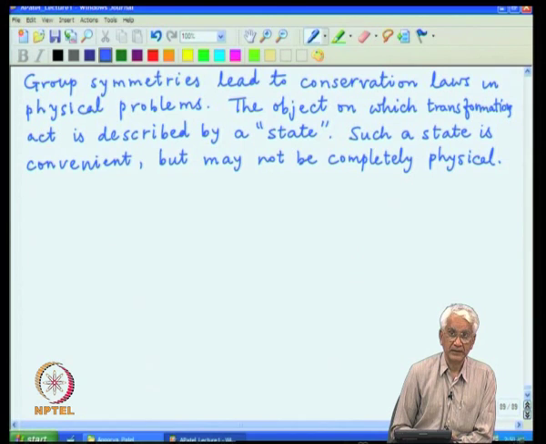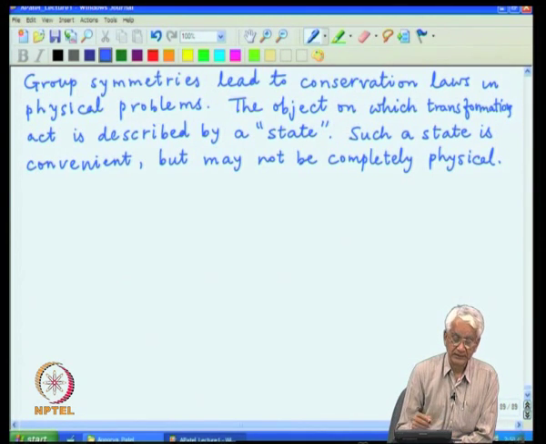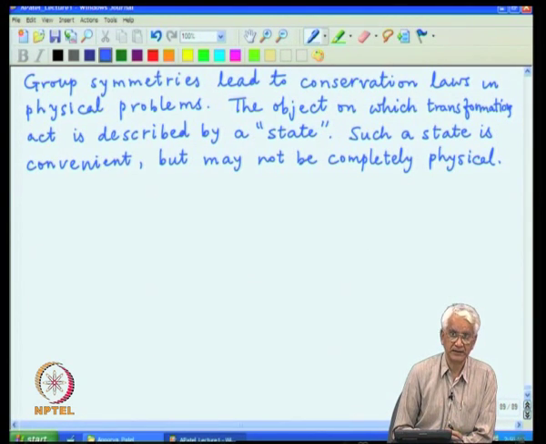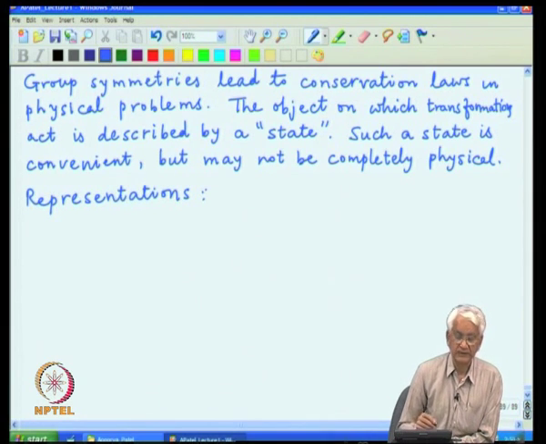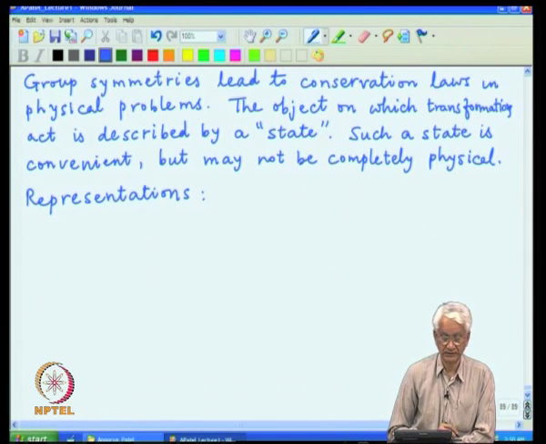Now, this description does not give an explicit mathematical structure, and that mathematical structure can now be constructed from this set of properties, and that structure is referred to as representations of the group.